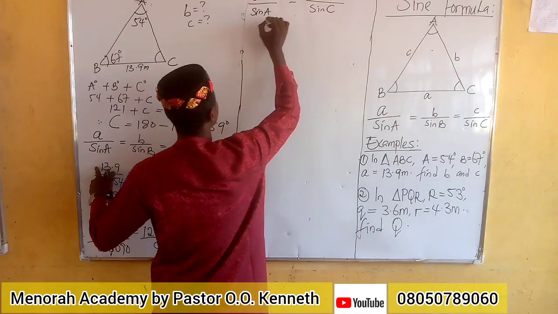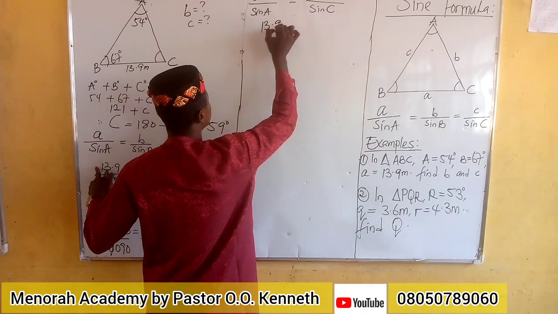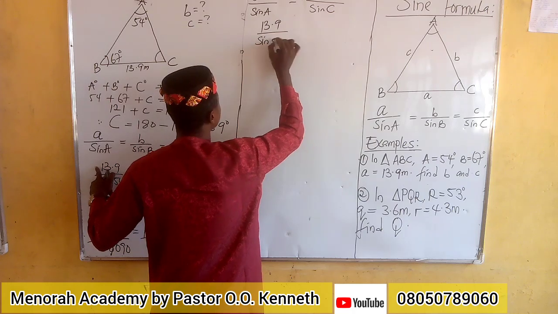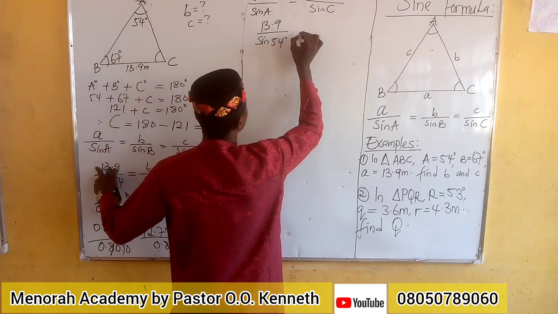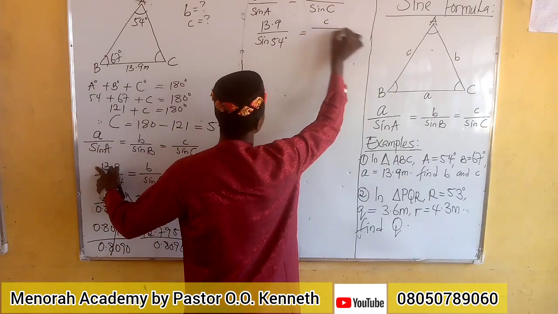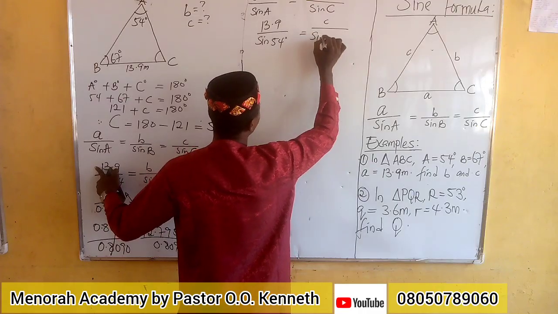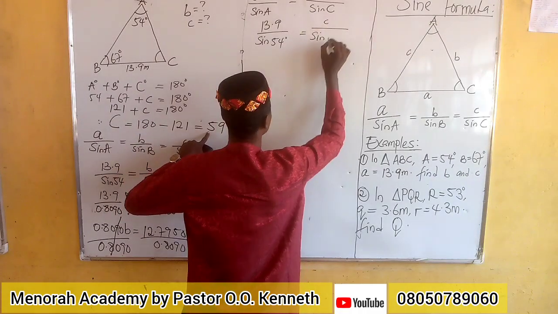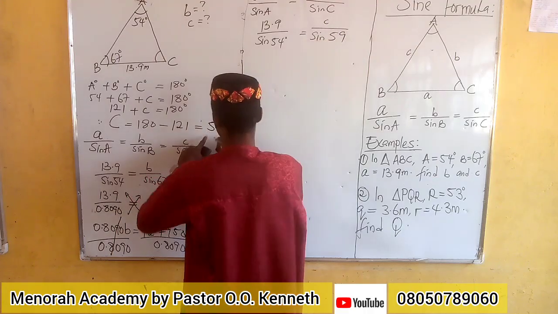So our A is 13.9 over the sine of the angle, sine 54 degrees, equal to C, small c, which is what we are looking for. Then sine capital C is what we just found. We have found it to be 59. We have found it here.